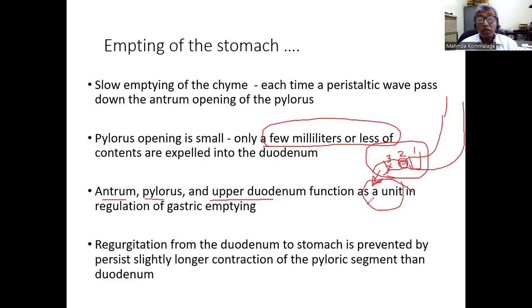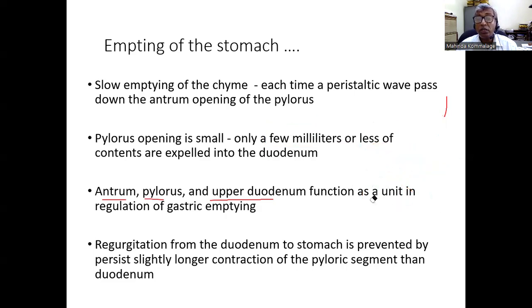This action is very important to prevent regurgitation upward, right? So remember that they act as one unit, and the coordinated contraction prevents things moving upward.